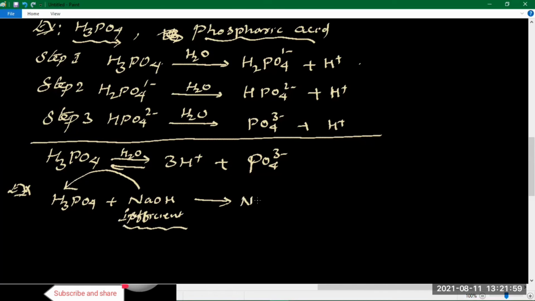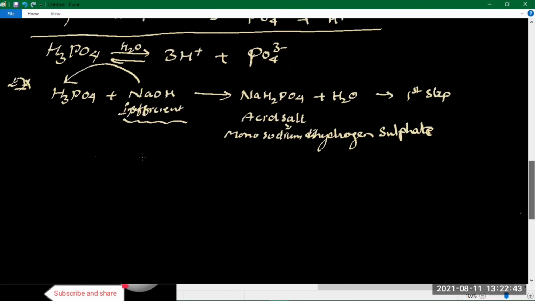Hence the reason here you will get NaH2PO4 compound plus H2O gets separated. This takes place in the first step reaction, and this is actually the acidic salt because it contains two replaceable hydrogens.